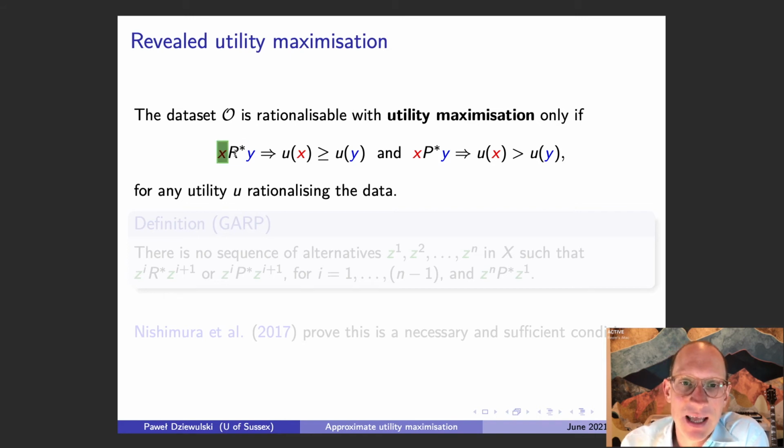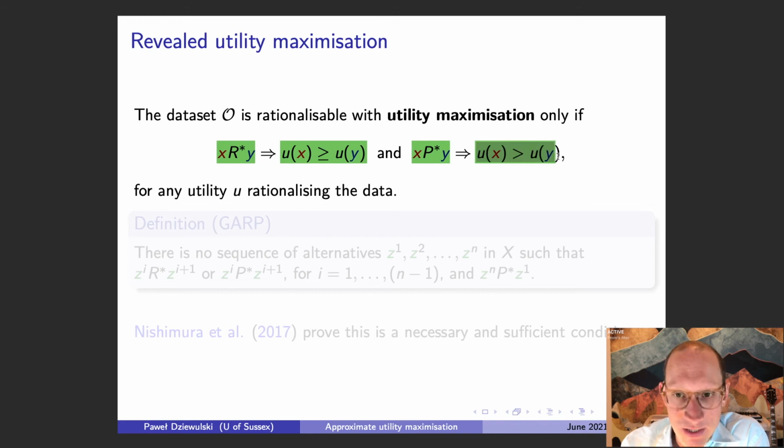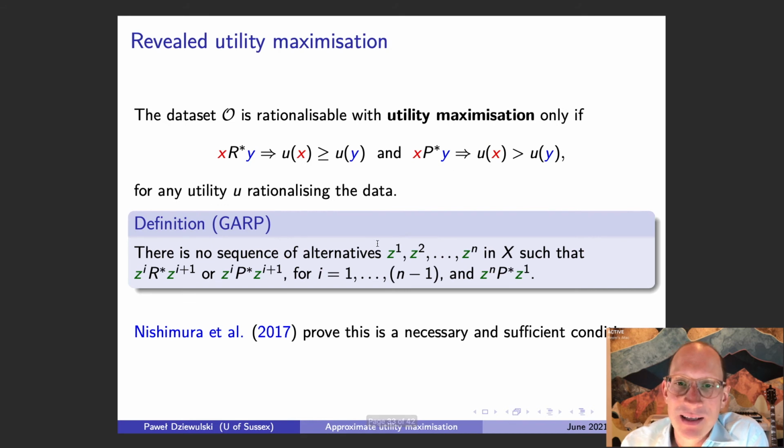In the sense that if X is weakly preferable to Y, then U of X has to be weakly greater than U of Y. If X is strictly preferable to Y, U of X has to be strictly greater than U of Y. And so from this, you get almost immediately a necessary condition for utility maximization, which says that there can be no sequence of elements in the space of alternatives such that Z1 is weakly or strictly preferable to Z2, Z2 is weakly or strictly preferable to Z3, and so on, and the final element is strictly preferable to the first element.